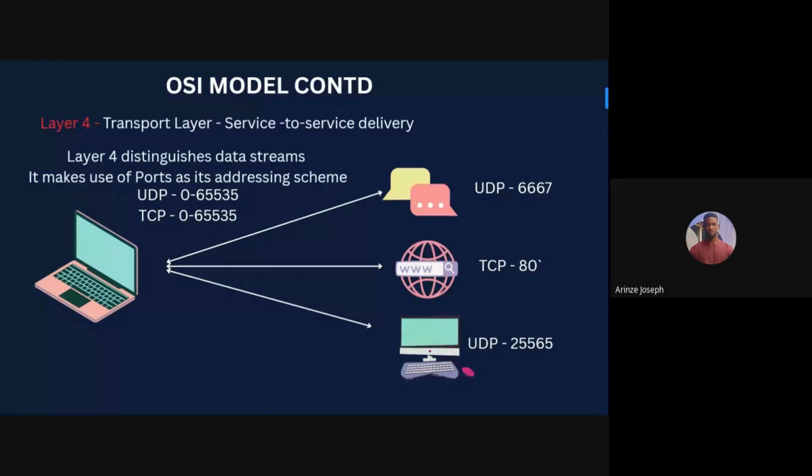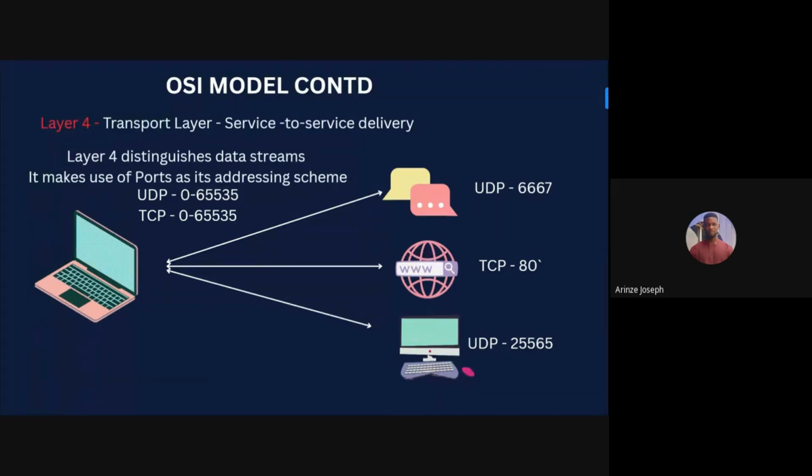As you can see in my diagram, there is UDP in charge of chats, and that is port 667. Then there is TCP, which makes use of port 80, and there is UDP also that makes use of port 25,565. You are not going to know all these ports. You don't need to know them.